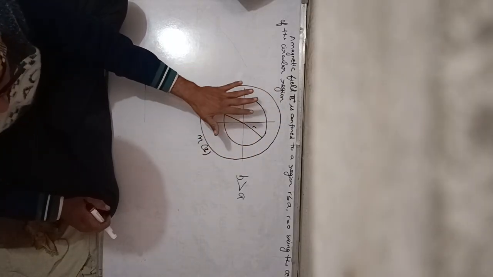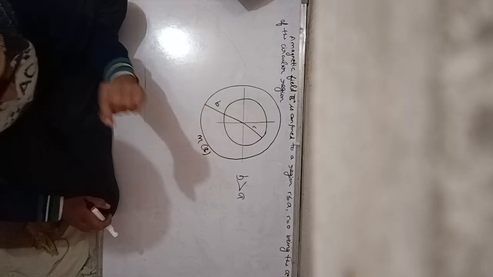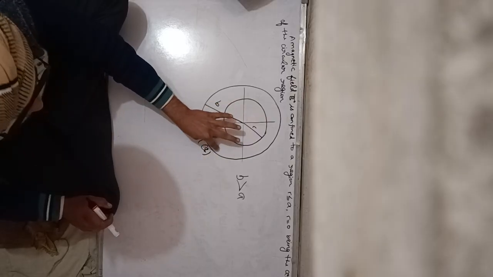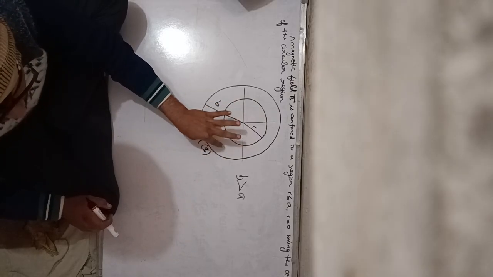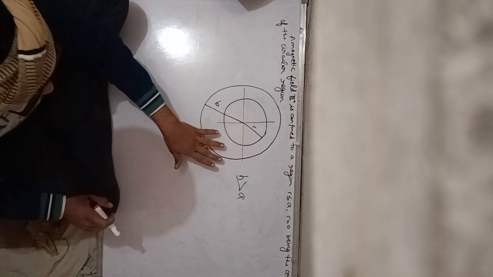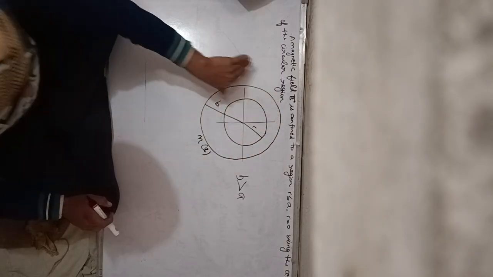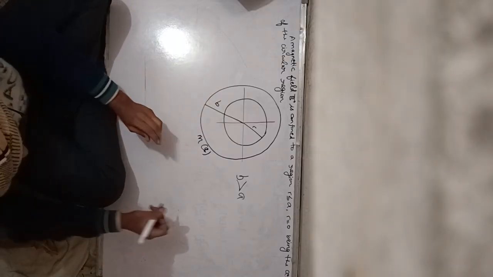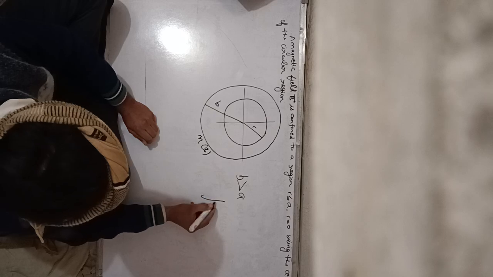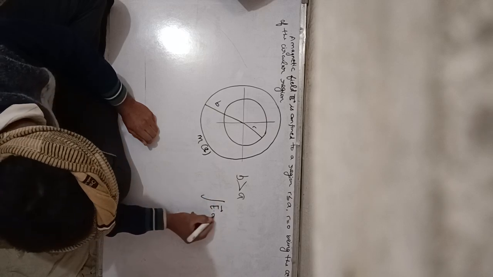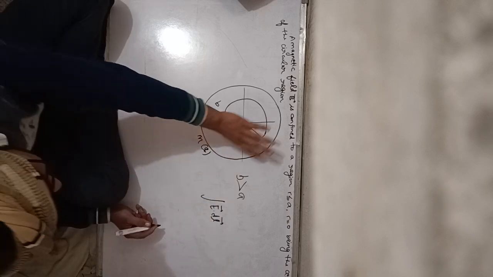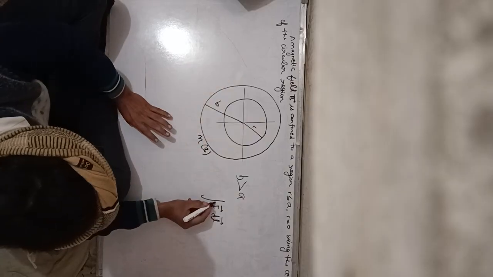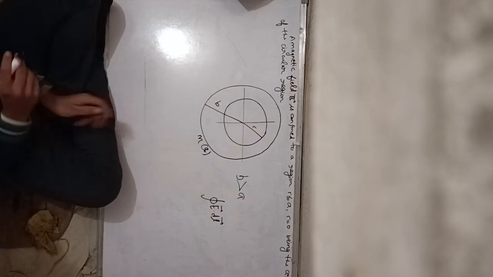And if there is a magnetic flux change, there will be an induced EMF in this loop, and that loop is the ring. So this induced EMF will create a current, and we know that induced EMF is the closed loop integral of E vector dot dl vector.